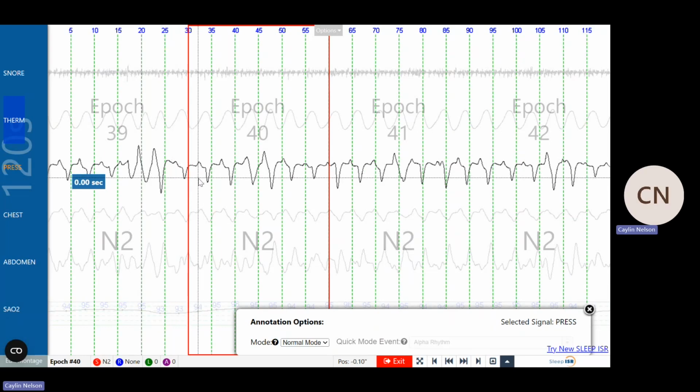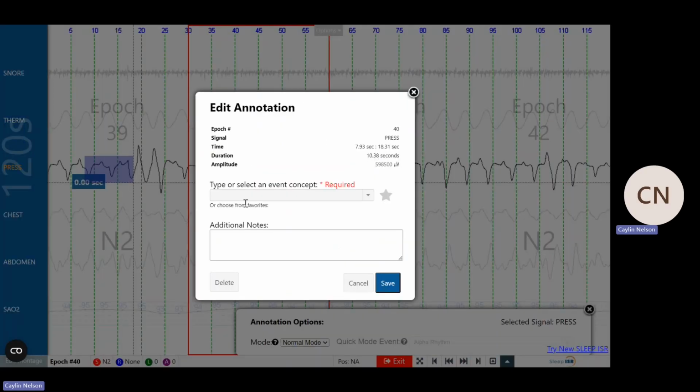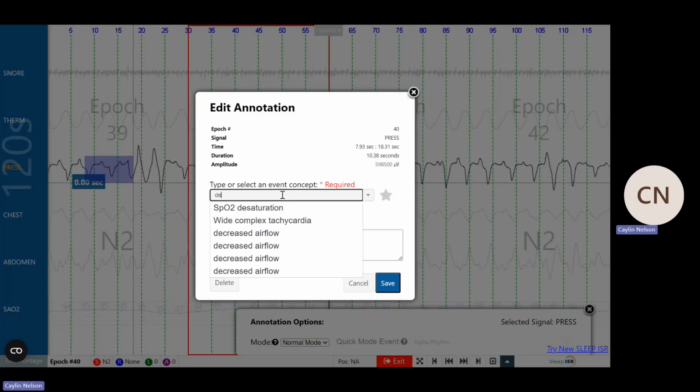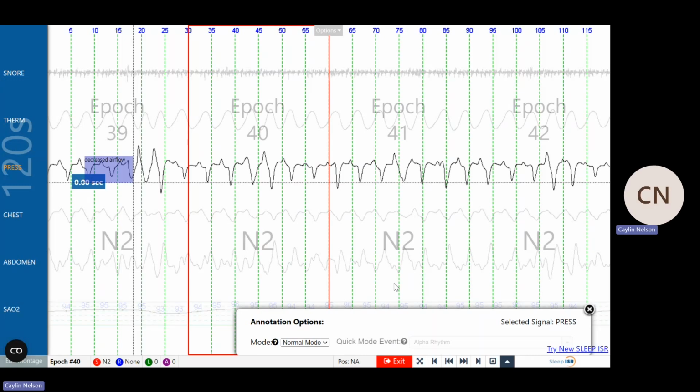So you can see that another round of decreased airflow happens after those 2 strong breaths. So typically what that just means is that there is a compensation for the small breaths or shallow breaths, and typically a desaturation may not happen after it.